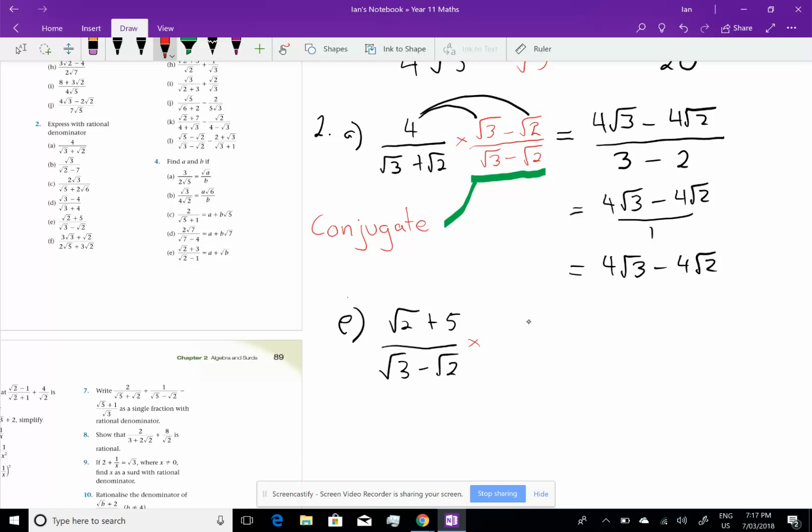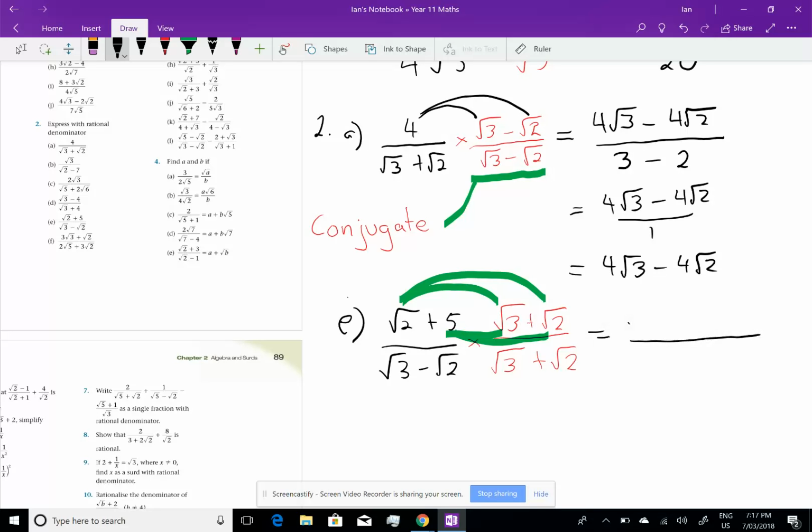Well, this time the conjugate is root 3 plus root 2. I'll do that top and bottom. Now on the top, I have 2 things by 2 things. So I'm going to get 4. I'm going to get root 2 times that, and root 2 times that. I'm going to get root 5 times that, and 5 times that. So let's do it.